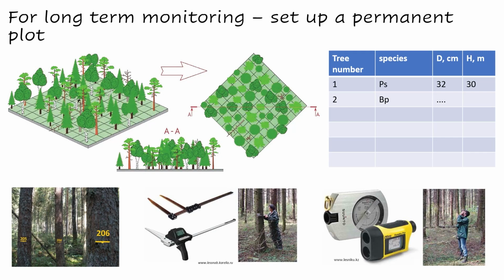And then you already have to number every tree, put this in the register, map the crowns, map the tree position, and make a lot of difficult procedures, which I did a lot in my life, working 10 years for the forest nature reserve. But this is only for the long-term permanent monitoring, and in peatlands you will not have many of such plots.